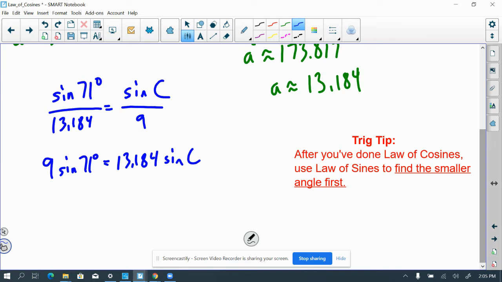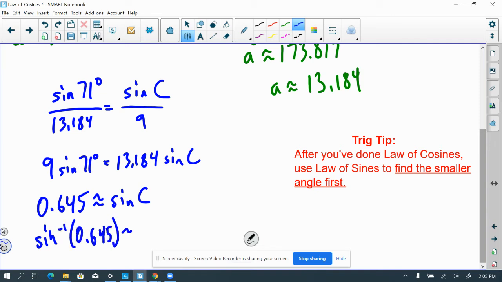Divide that by 13.184, and I get about 0.645. So that's sine of C. Sine inverse that, and I get about 40 degrees.